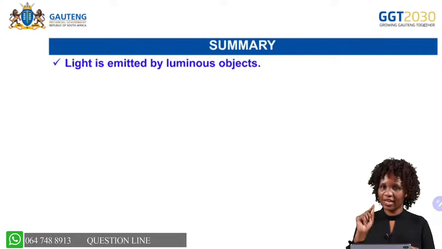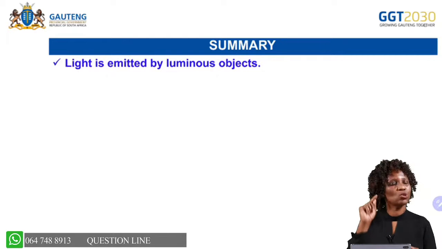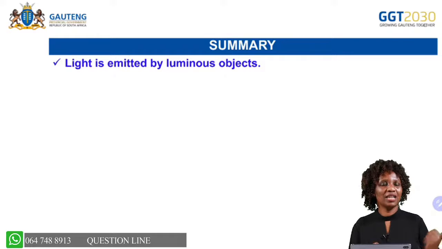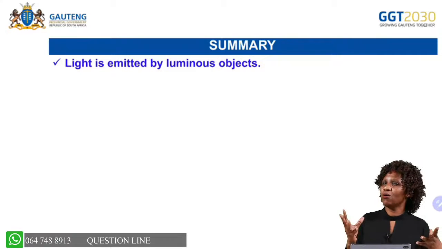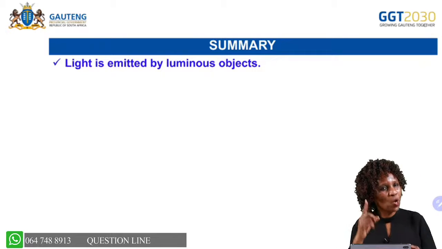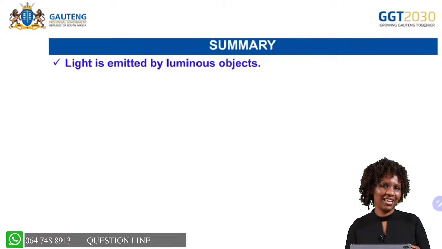For example, the sun is the ultimate source of light. And then in our classrooms, if we switch on the lights now, they will glow. Those are luminous. Why are we saying they are luminous? Because they are giving off light. They are emitting light, grade 8.